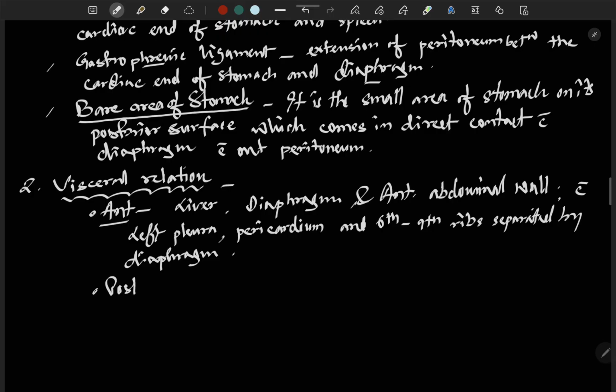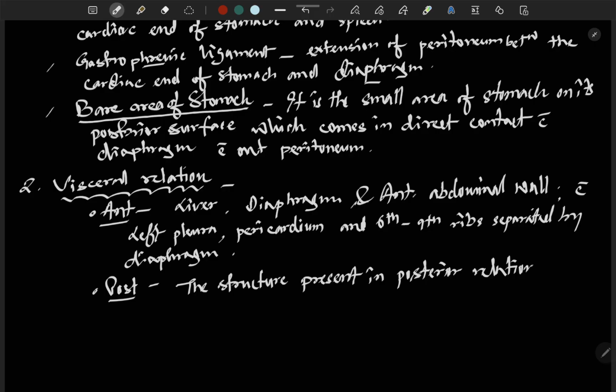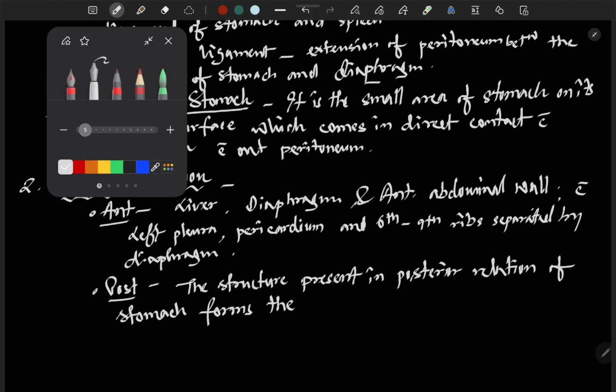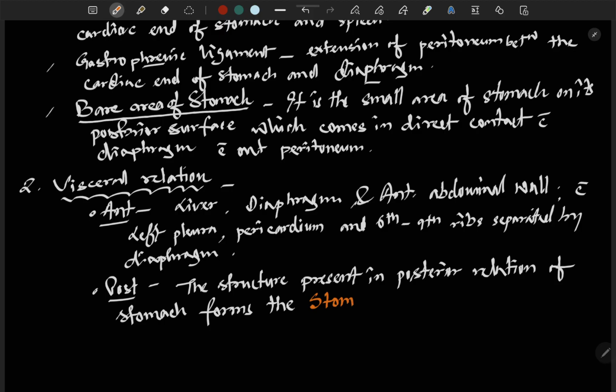And posterior visceral relation, the structures present in the posterior relation of stomach form the stomach bed.